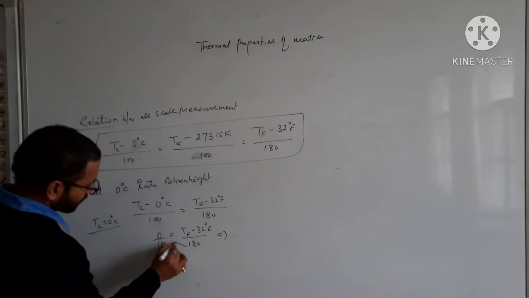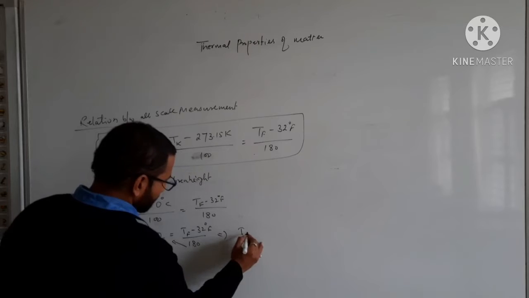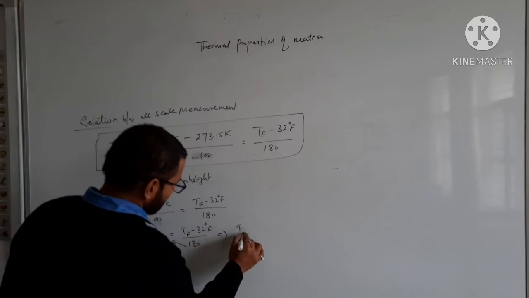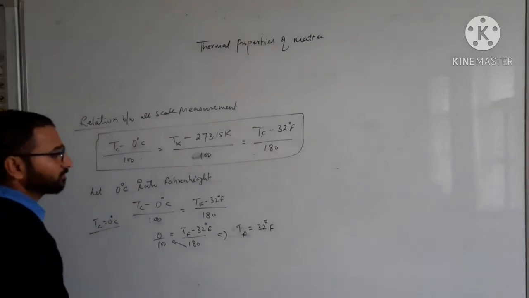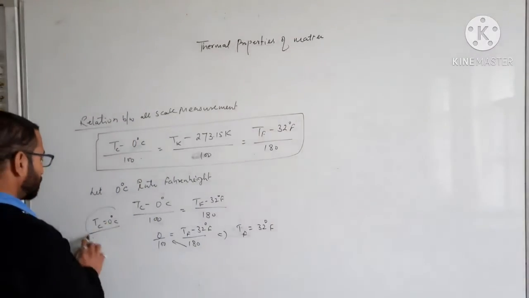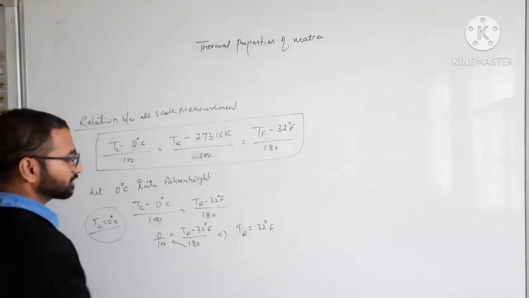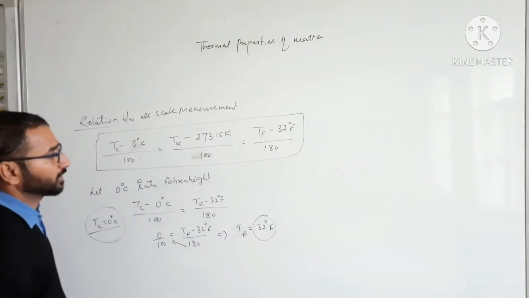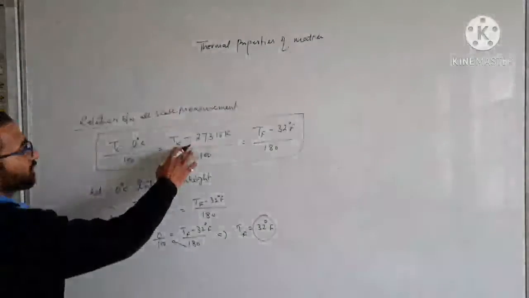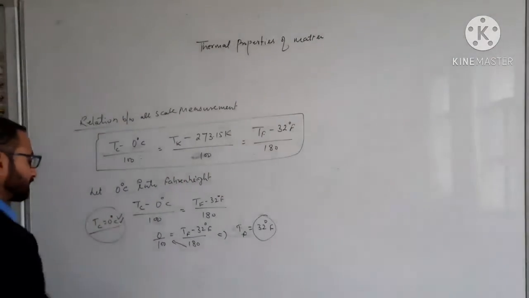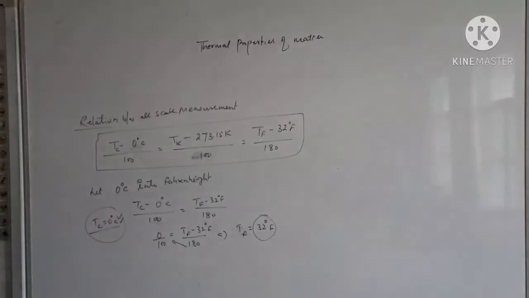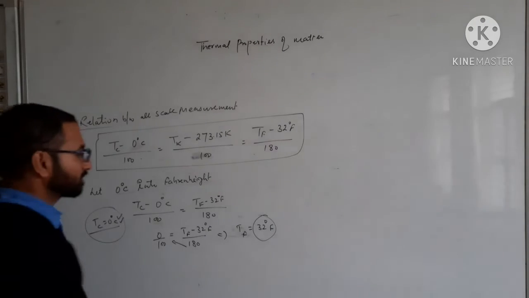So it will be 0 multiplied by 180, 0. So here Tf is equal to 32 degree Fahrenheit. So in the Fahrenheit scale, 0 degree Celsius is equal to 32 degree Fahrenheit. Point clear? Similarly, you can do the Kelvin scale also, and in place of 0 degree Celsius, if you put any other temperature like 1 degree Celsius, 2 degree Celsius, then you will get a different value of temperature.